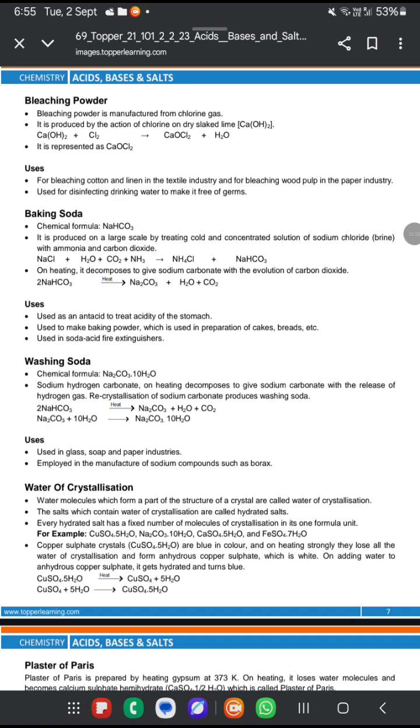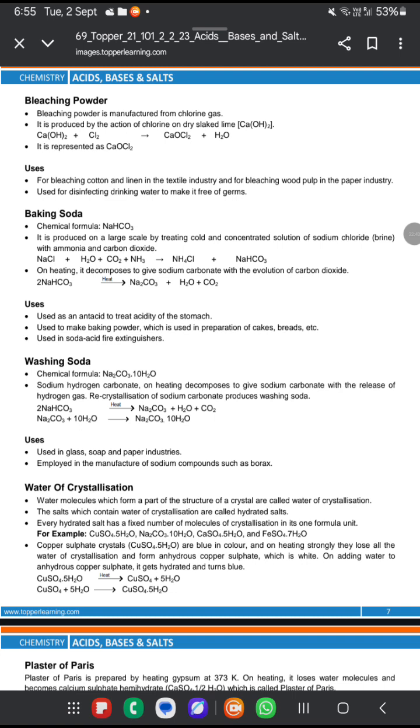On heating, it decomposes to give sodium carbonate with the evolution of carbon dioxide. NaHCO3 on heating gives Na2CO3 plus H2O plus CO2 gas. Used as an antacid to treat acidity of the stomach.